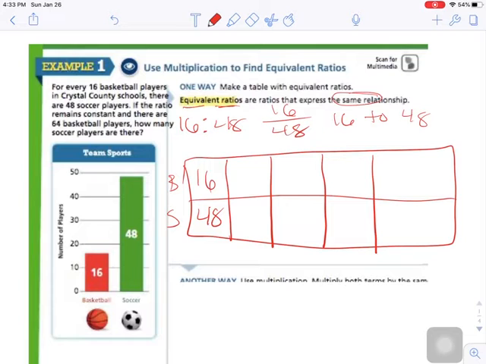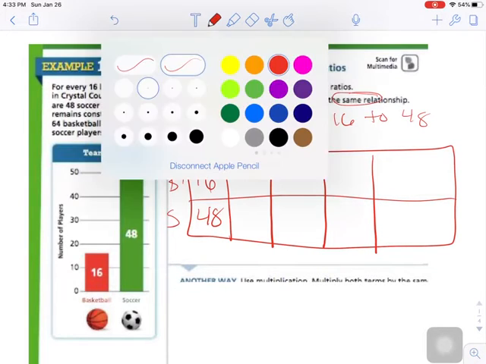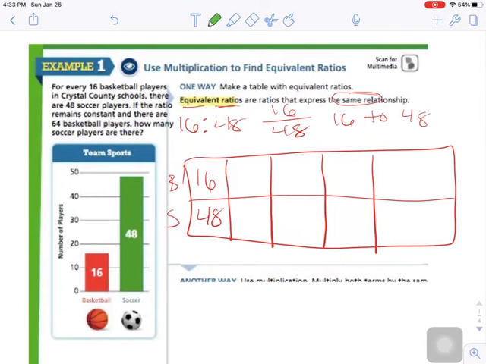So in this case, you're using repeat addition, which is the same as multiplication. I'm going up by 16 each time. Instead of adding 16 every single time, which you can do, the fast way would be using multiplication. The first time, this is my second, so I'd be multiplying by 2. My third, I'd be multiplying by 3, by 4, and by 5.